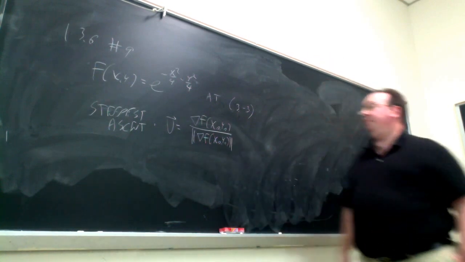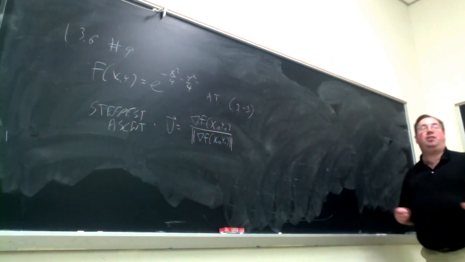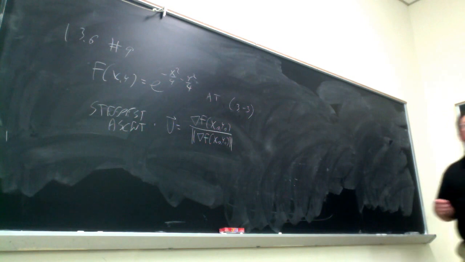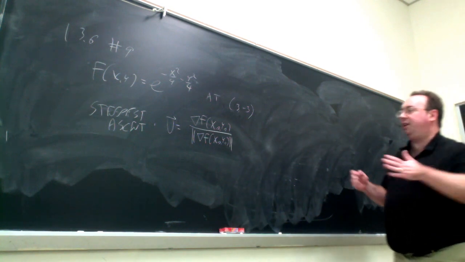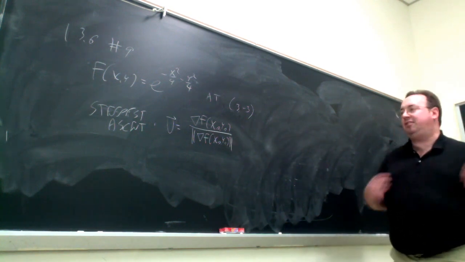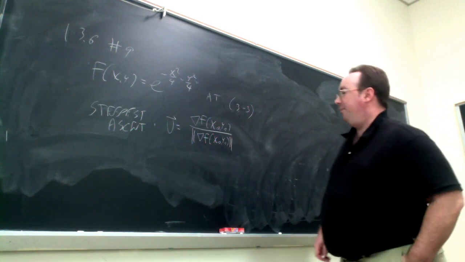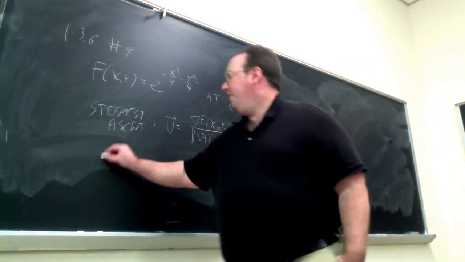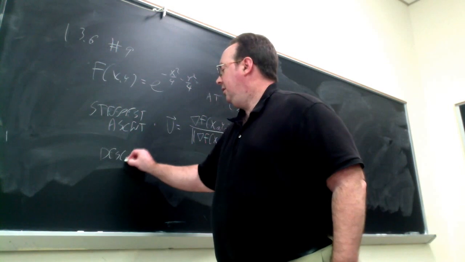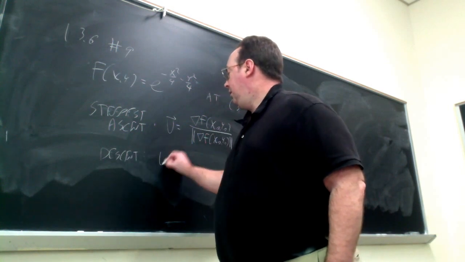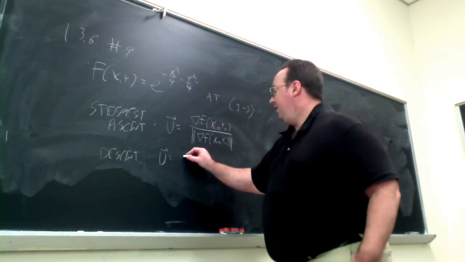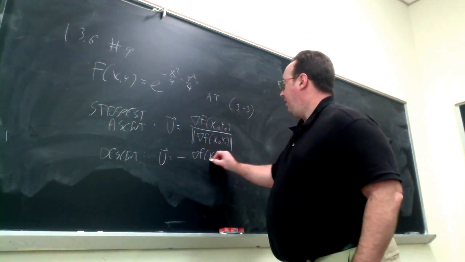Okay. Because that is what causes the dot product to be maximized, because it's pointing in the same direction as the gradient. It's just a unit vector. Now, knowing that, yeah, you just negate it for descent.